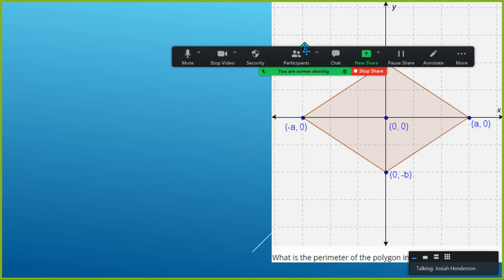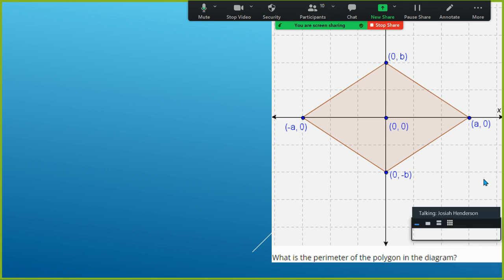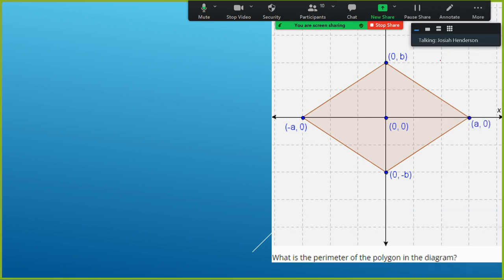Antonio, nice, good job. Okay, so this question, I did take it from Edmentum. It's not asking for the area, thank goodness, just the perimeter. So for the perimeter, remember, we need all the side lengths. So we're going to have to find the length from one of these sides. Technically, we need all four, right? But these are all the same distance because of the way they've built this.